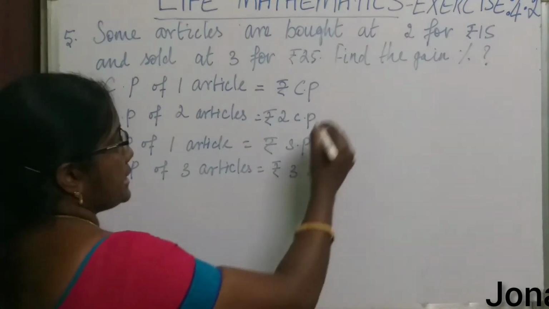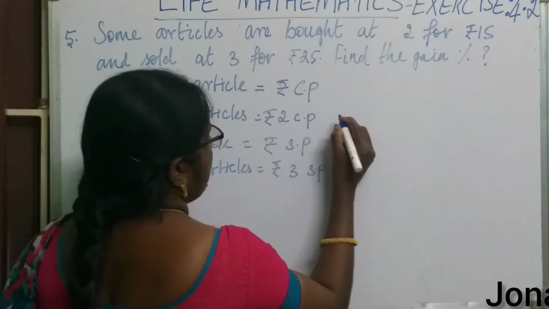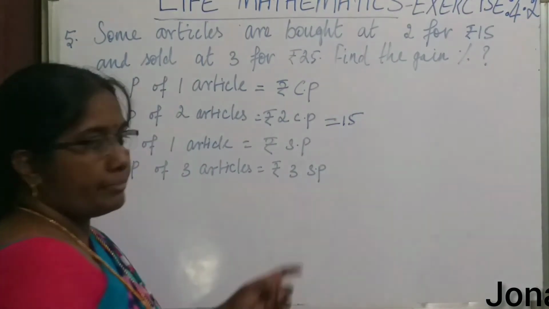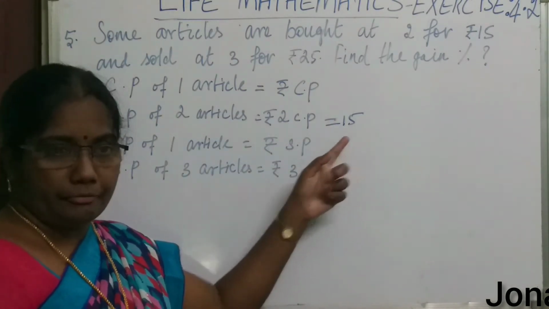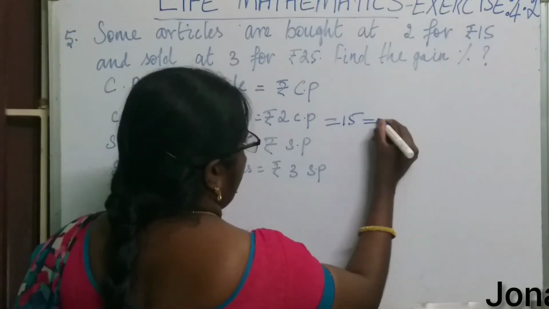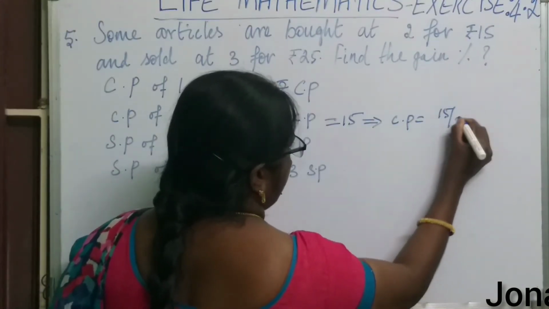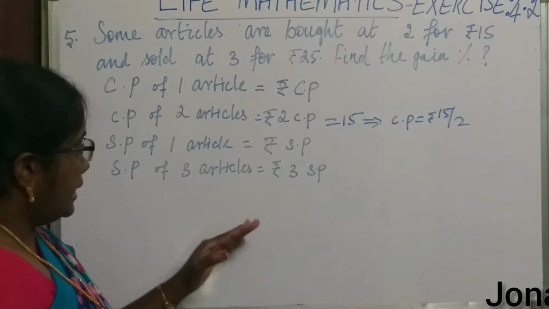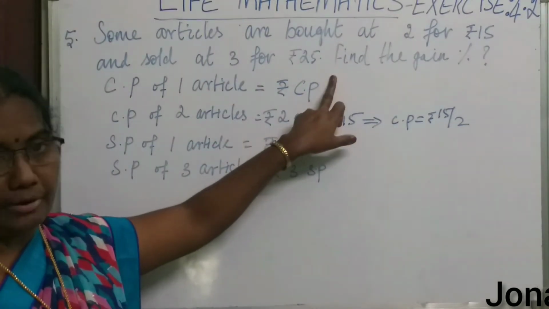Here it's given that 2 articles cost rupees 15. So we can equate this: 2 into CP equals 15. From this we conclude CP equals 15 by 2 rupees. And likewise, sold at 3 for rupees 25.